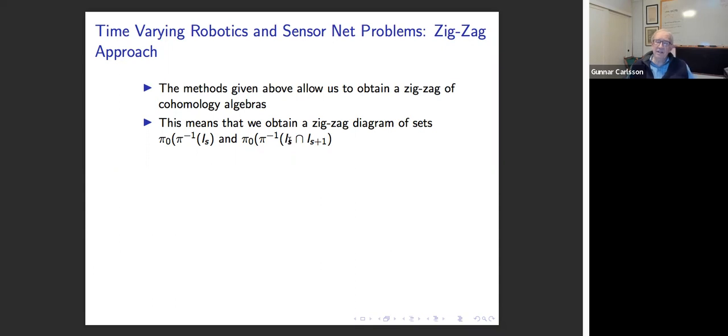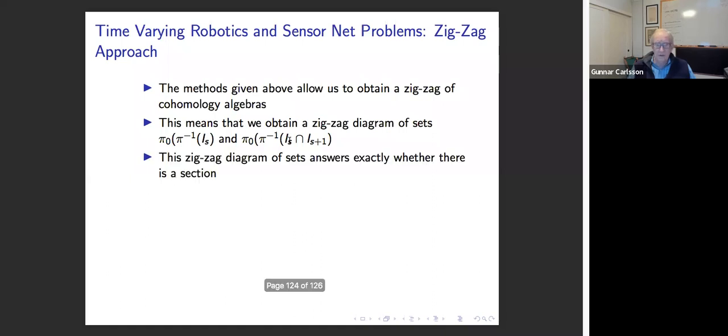Instead of having just a zigzag diagram of vector spaces, I now have a zigzag diagram of sets that describes the components of the uncovered region at every point. It turns out that this zigzag diagram of sets answers exactly whether there is a section or not. The vector spaces do not, but the sets do.